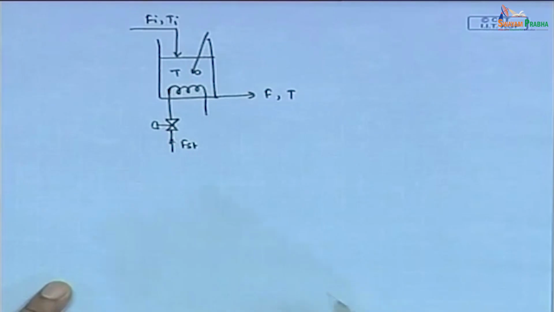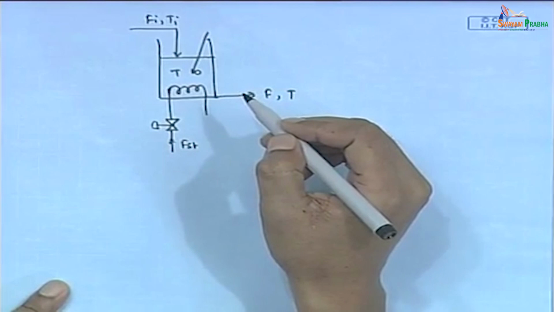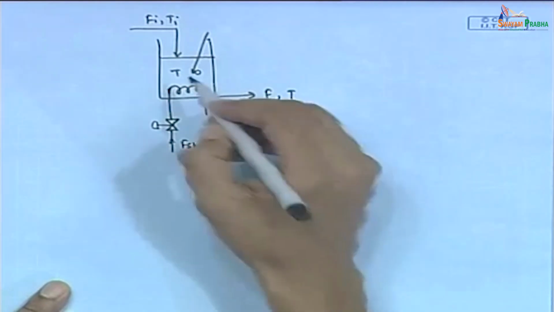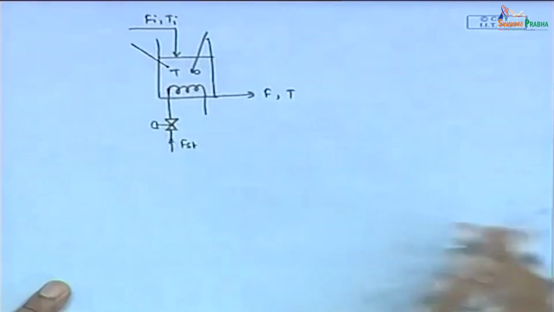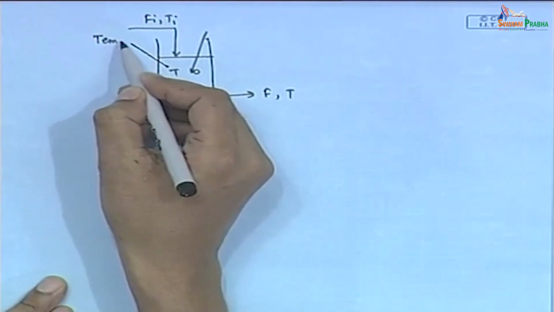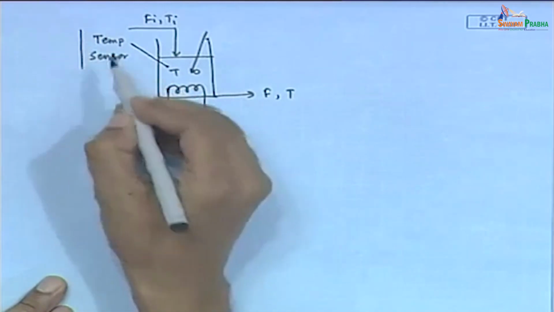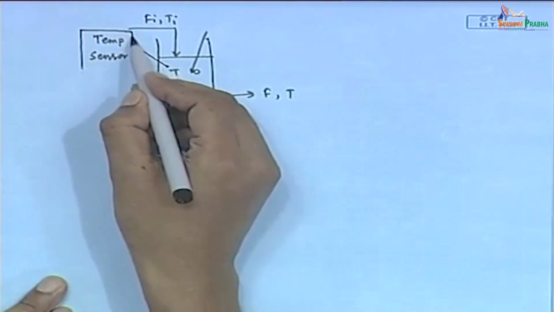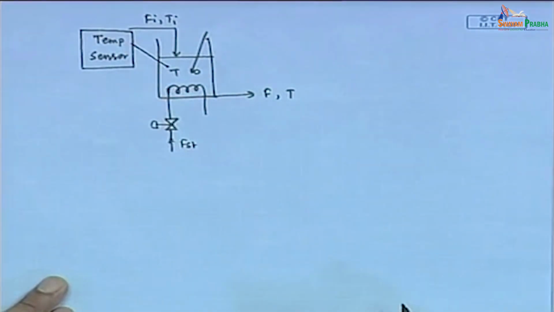Fine. Now, first we need to measure the temperature using a measuring device. So, this is the block for temperature sensor which is employed to measure the liquid temperature.